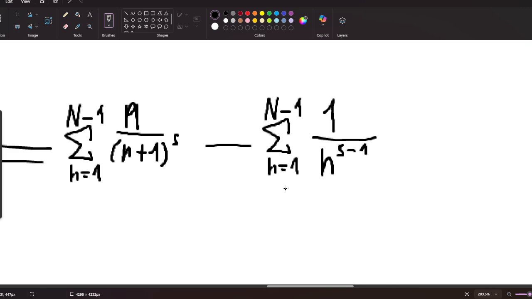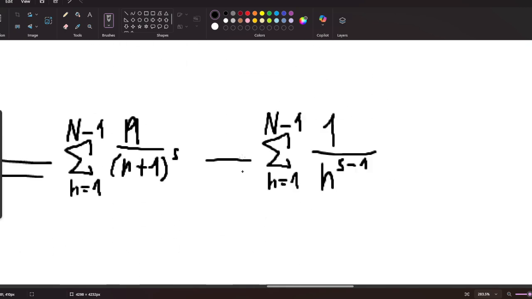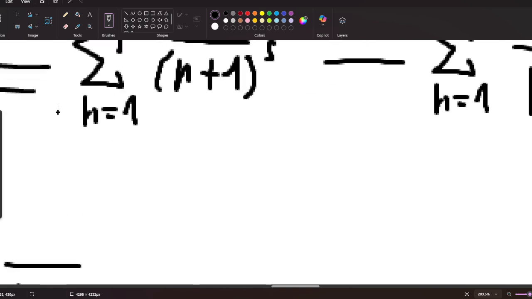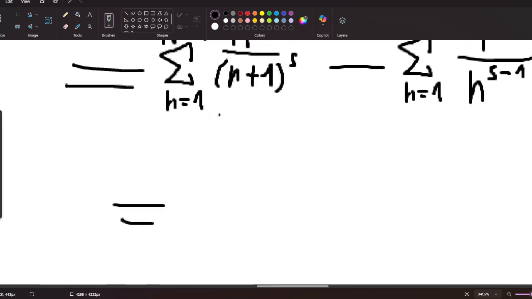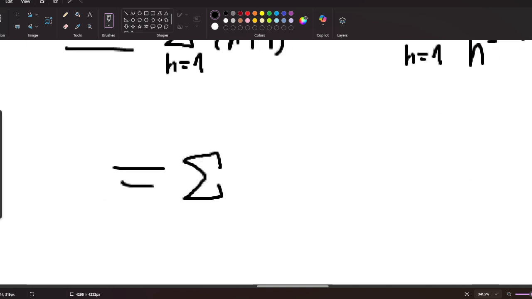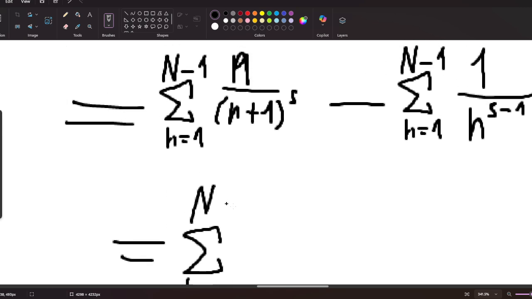Now we're going to separate this sum by first replacing the bounds here to get a nicer fraction. We have n equal to 2 up to n.